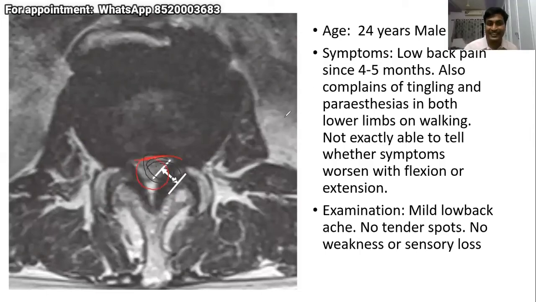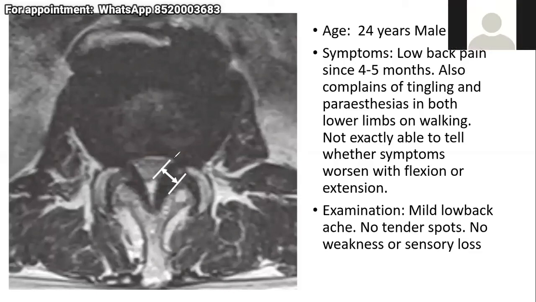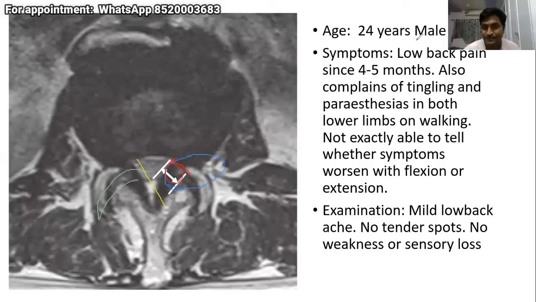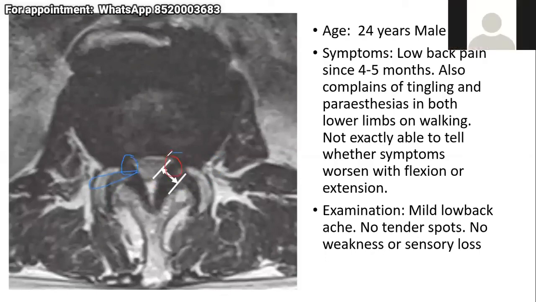Probably red color is yours, Fatima. No, sir, I didn't draw that. Okay. Where it has been drawn, that is the central canal. Fatima, now try to draw the lateral canal. Lateral canal is my shoulder. This, sir? Yeah. This region is the lateral canal, where you are not able to see the CSF. Right. So there is bilateral lateral canal stenosis.